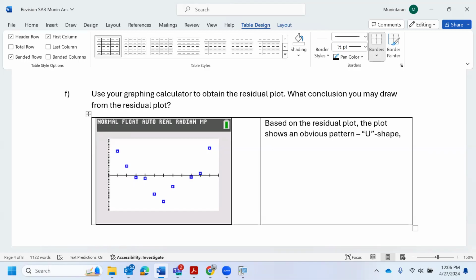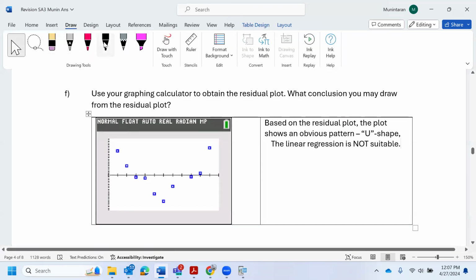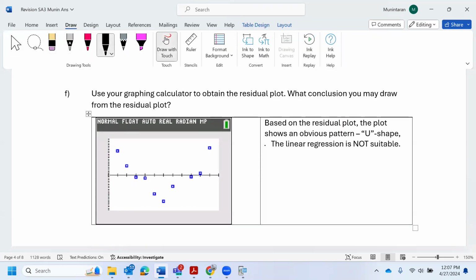Therefore, you can say the linear regression is not suitable. It should be "therefore".